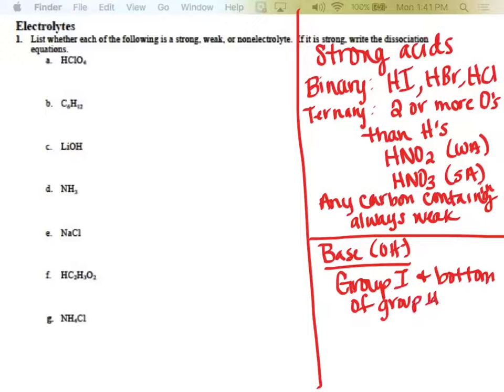When I say the bottom of group 2, I mean strontium and barium. Any other is weak. Any nitrogenous bases, such as ammonia, NH3, and other nitrogen-containing bases are weak.